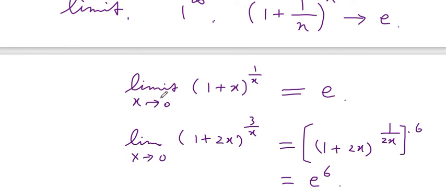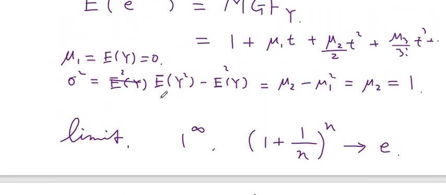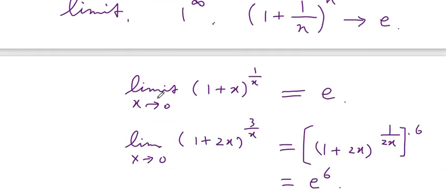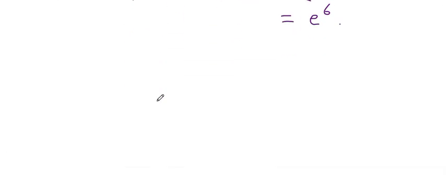Okay, so now we can go back to this limit: 1 plus half t square over n, to the n, when n goes to infinity. What is this limit? We just regard t square over 2n as x.